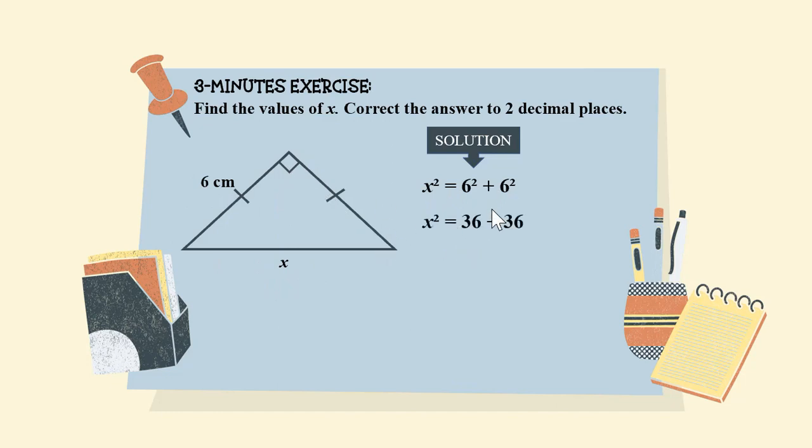So you will get 36 plus 36, which equals 72. We want to find x, so we square root 72, then you will get x equals 8.48528 and so on. But for this case, we want the answer correct to 2 decimal places, so you will get 8.49 cm.